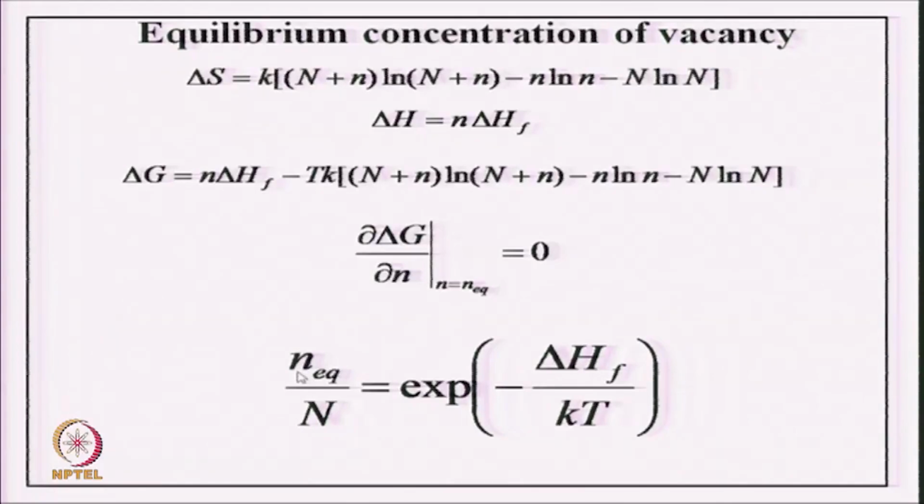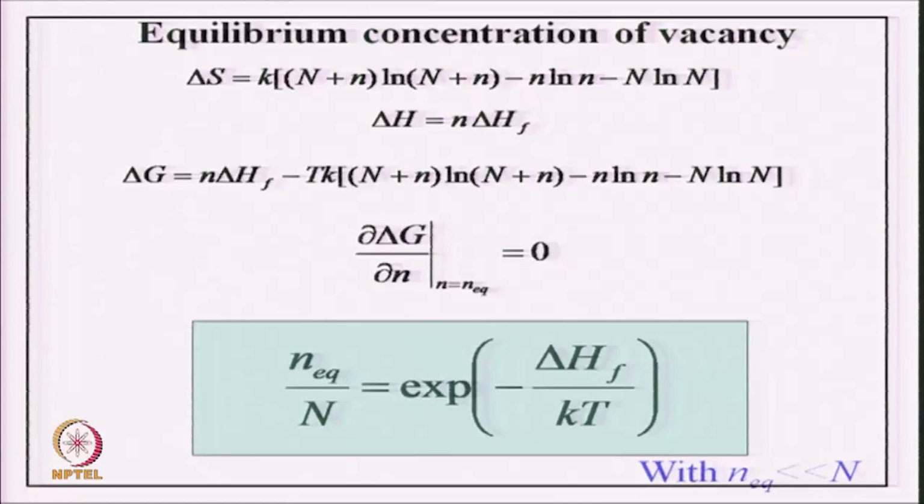So, equilibrium number of vacancies divided by total number of atoms is equal to exponential of minus delta Hf by kT. In getting this final expression in your algebra, you will have to apply this approximation that the equilibrium concentration of vacancy is much smaller than the number of atoms.